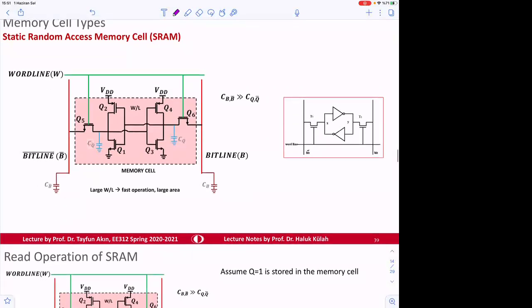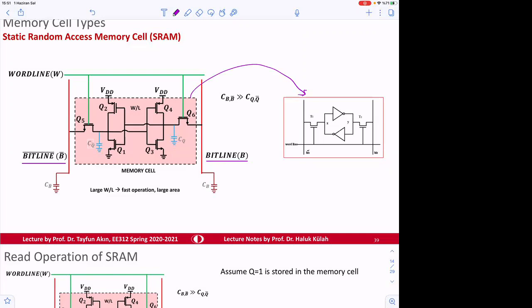So here, again, we have the bit line and then the bit bar line. This kind of differential output is useful for this device. And the circuit is like this, of course, same as this one.